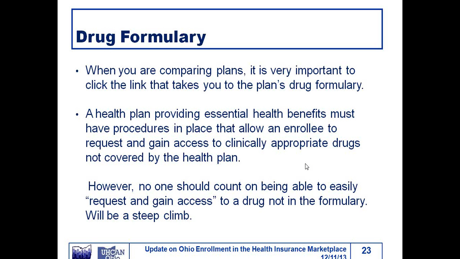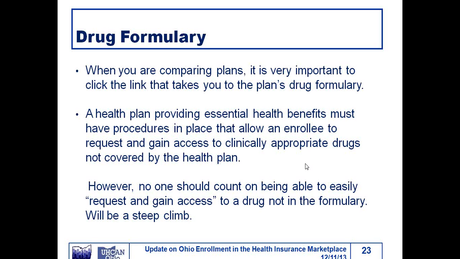Originally, the Affordable Care Act was going to, I think it specified, maybe not the act itself, but the regulations were specifying at least one drug in each category and class.